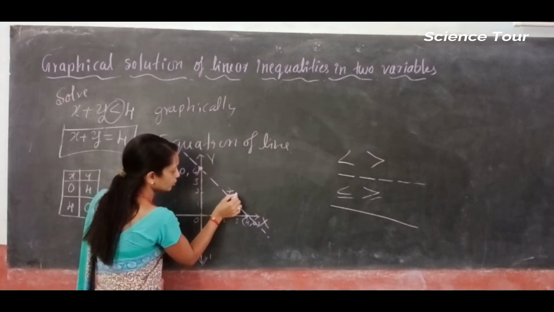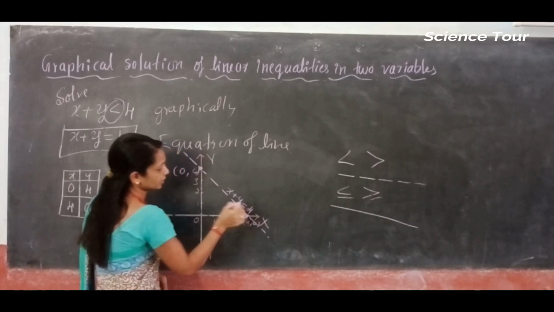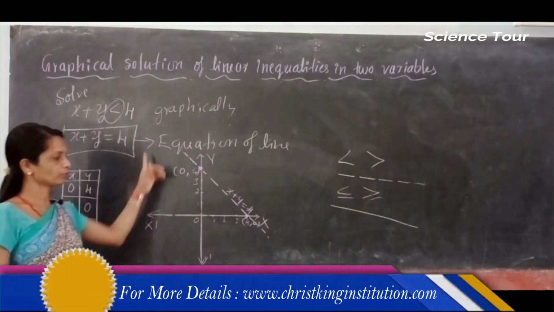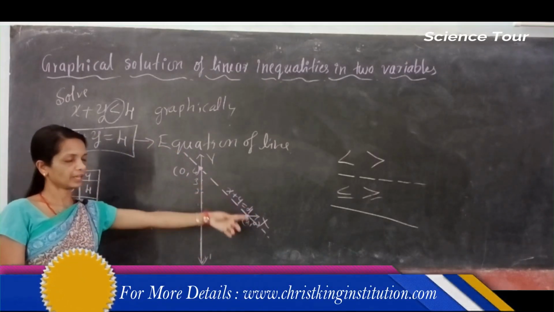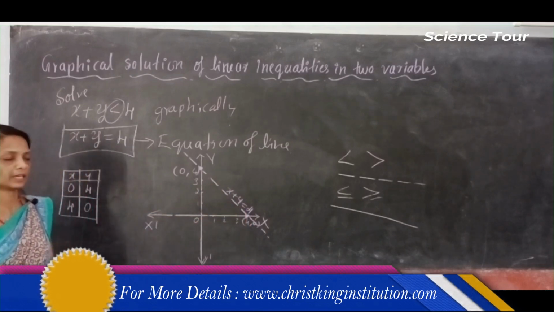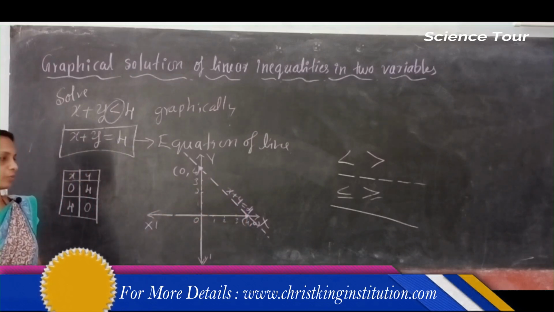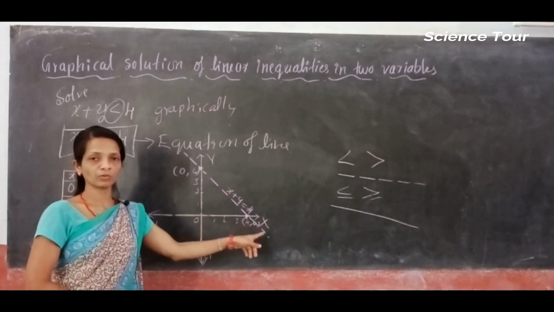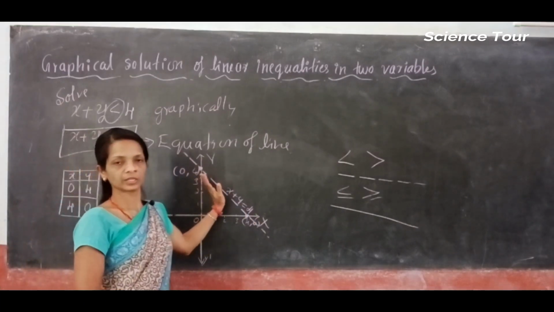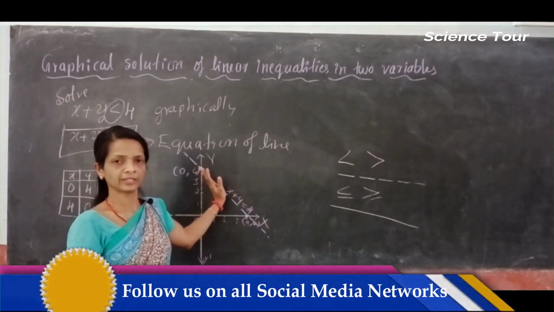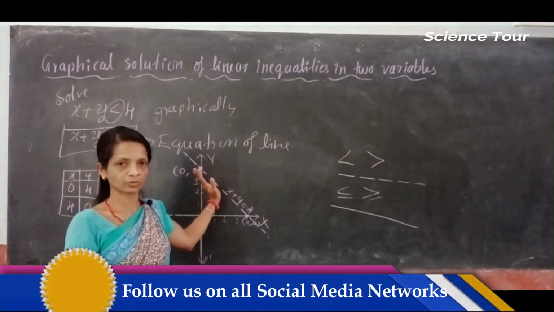After that you write the name of the line, x plus y is equal to 4, anywhere on the line. Because this is a non-vertical line, you already know that any line divides a plane into two half planes.